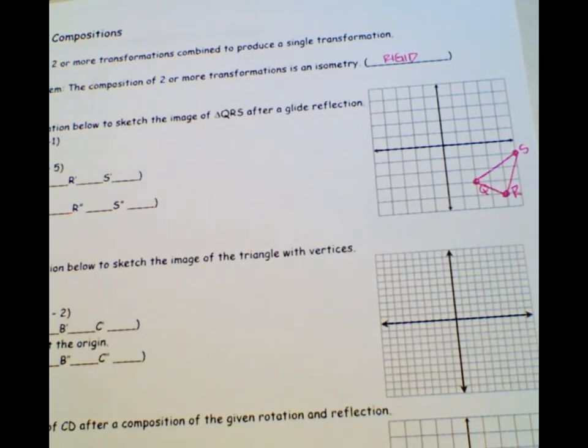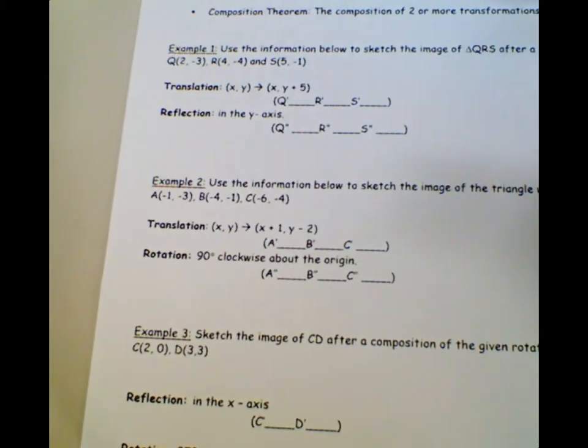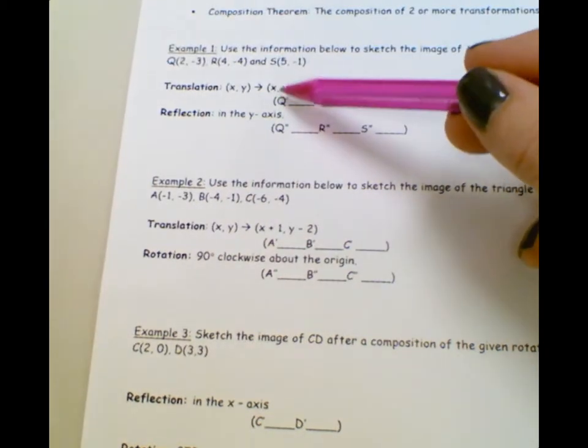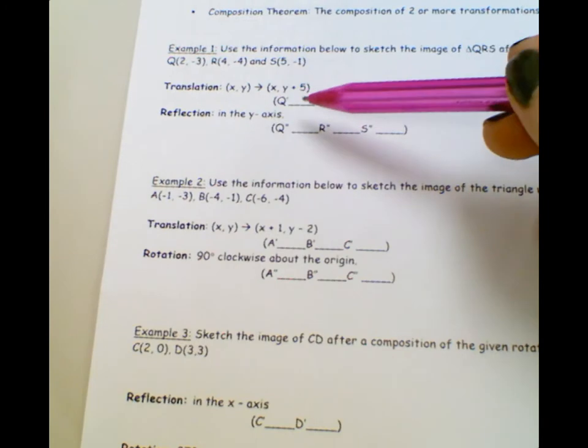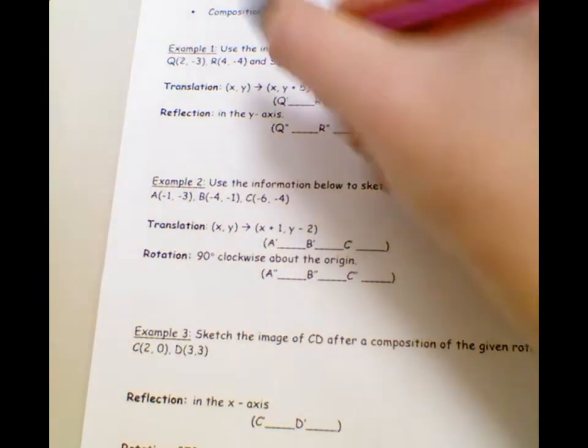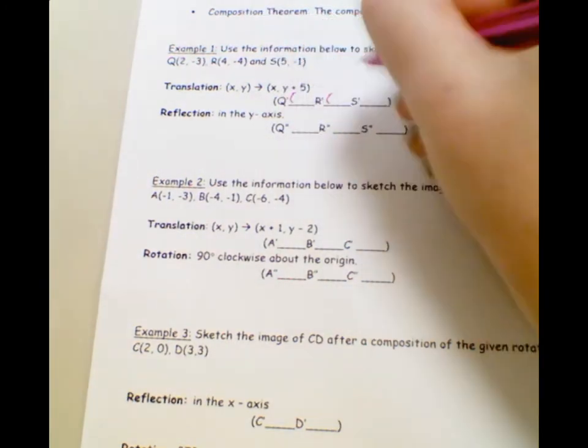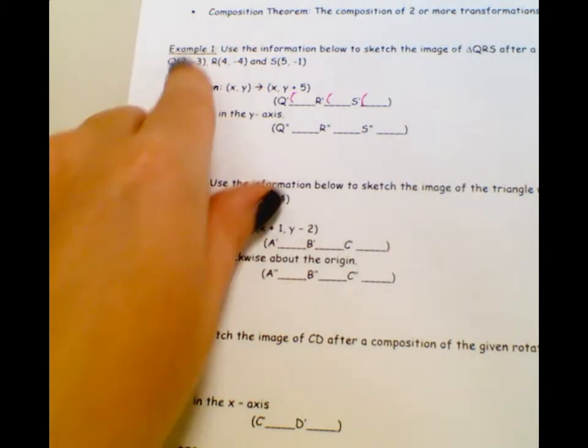First thing that it asks me to do is a translation. And it says I am going to keep all the X's the same. See right here? All the X's the same. There's no plus or minus on it. And all the Y's I'm going to add by 5. So first thing I'm going to do is I'm just going to rewrite all the X's.